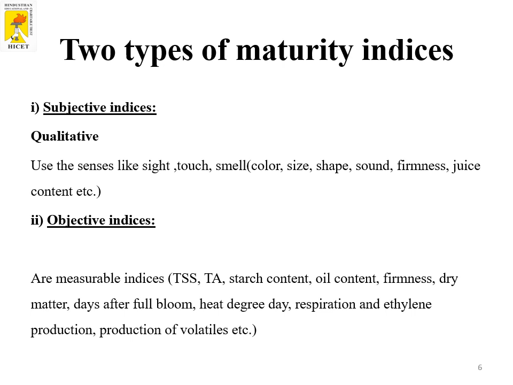Objective indices are quantitative, measurable indices like total soluble solids, total acidity, starch content, oil content, firmness, dry matter, days after full bloom, heat degree days, respiration and ethylene production, and the production of volatiles and so on.